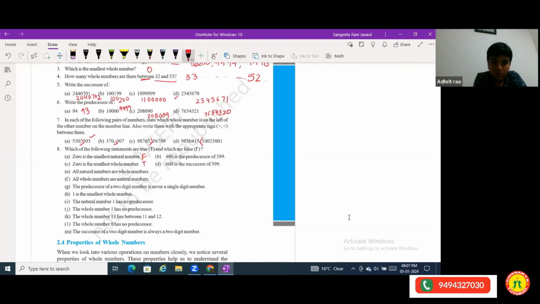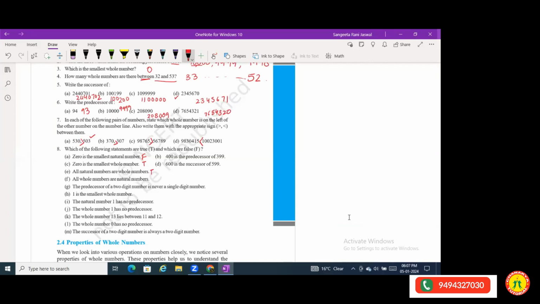Yes, ma'am. All whole numbers are natural numbers? Ma'am, false. What should be the correct answer? Ma'am, whole numbers are different and natural numbers are different, except 0. Okay.